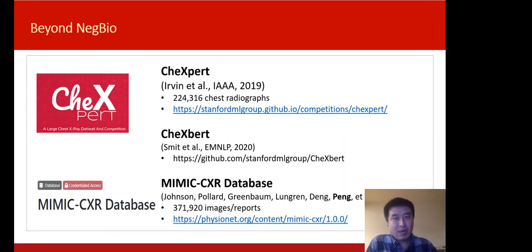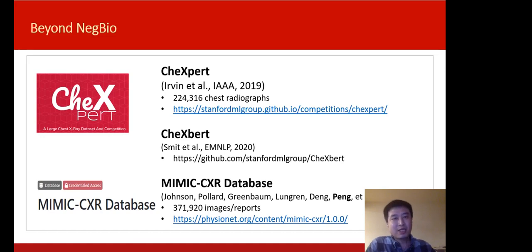Besides NegBio, there are other NLP tools to extract the findings from the radiology reports, and there are also other large-scale chest X-ray datasets that have been made publicly available in recent years. Here I listed two famous chest X-ray datasets. One is CheXpert, which was developed and released by the Stanford group, led by Matthew, who is one of our speakers in this tutorial.